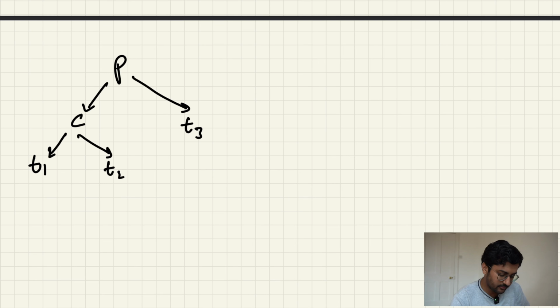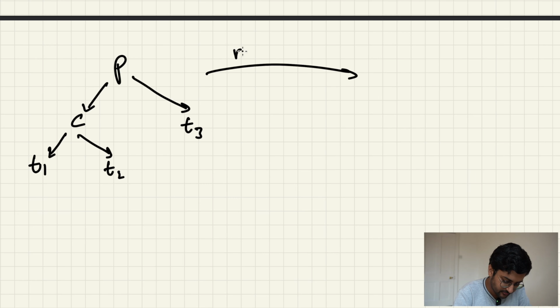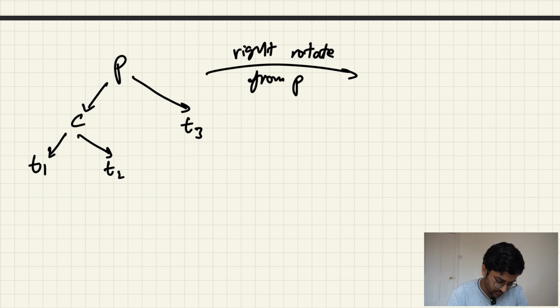You can either rotate it on the right hand side or you can rotate it on the left hand side. If I rotate it on the right hand side, this will go down, C will go up, P will go down, and P will obviously go on the right hand side of C because P is greater than C, and in binary trees anything that is greater than the node goes on the right hand side.